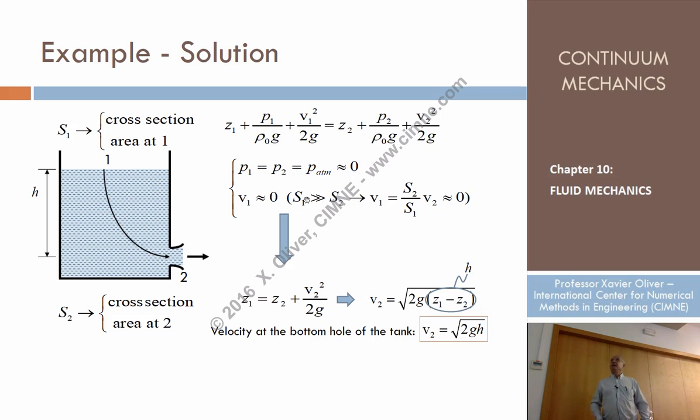So finally, we have that Z1, which is h, equals Z2, which is 0, plus the velocity squared divided by 2g. And then we obtain this formula: the velocity V2 at the outgoing water point is equal to the square root of 2gh.